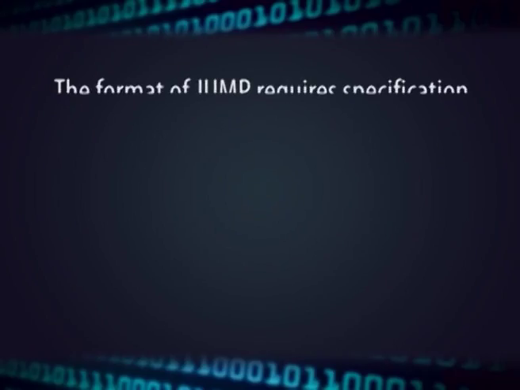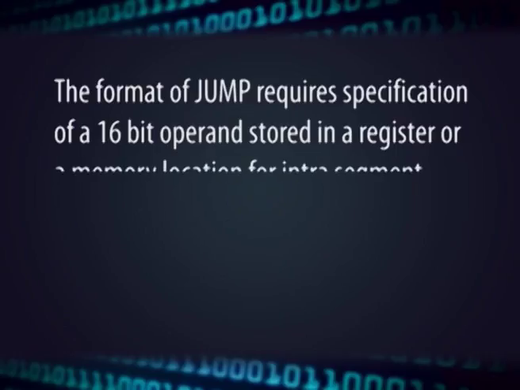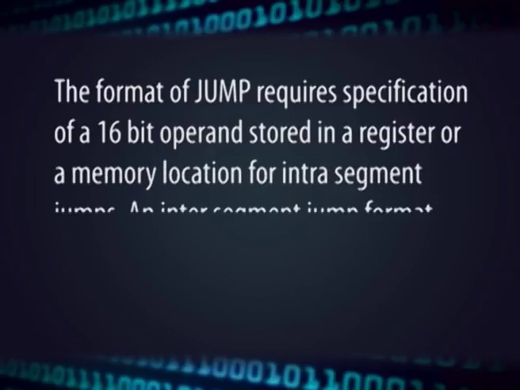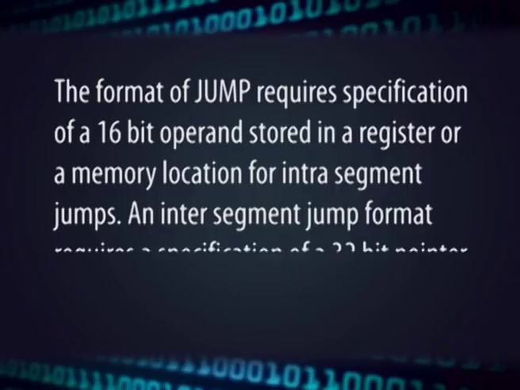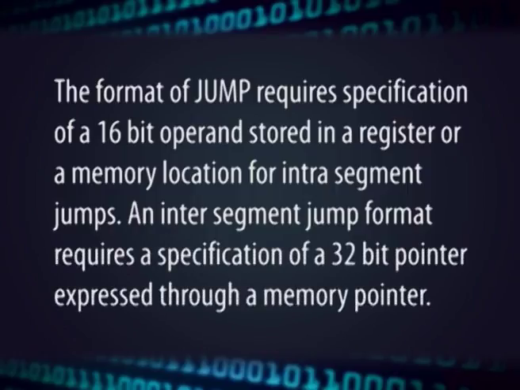The format of the jump requires a specification of a 16-bit operand stored in the register or a memory location for intra-segment jumps. An inter-segment jump format requires a specification of 32-bit pointer expressed through a memory pointer.